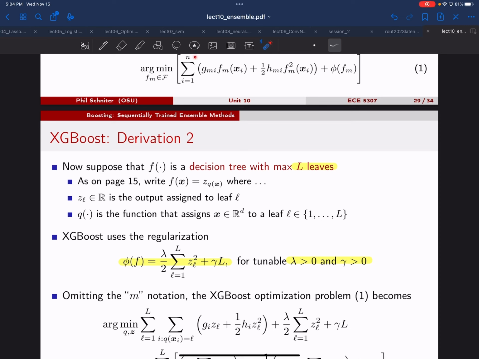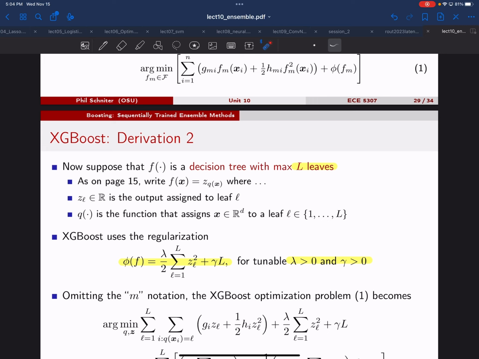Okay, now, when writing this sum over I did the same trick I did last time in a similar place, where we're going to write this as a two-stage sum. First, we're going to sum over the leaves in our tree, and second, we're going to sum over the samples I that end up in a particular leaf L. So sum over leaves, sum over samples for a given leaf.